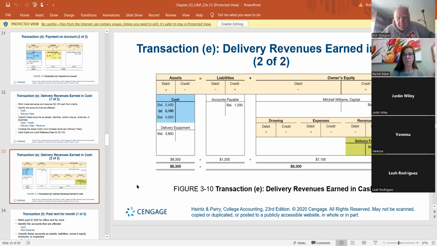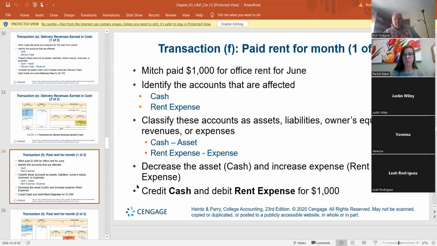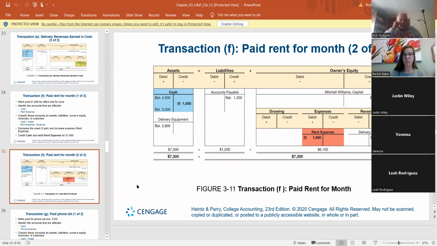Equity just went up. Oh no, we got to pay the rent. He paid 1,000 in rent. Cash is going to go down with a credit. Rent expense goes up with the debit. We're going to debit rent expense and credit cash. And when you're talking about a journal entry, which is the means of inputting this data, you always start with the debit. So normally you say debit, then the credit.